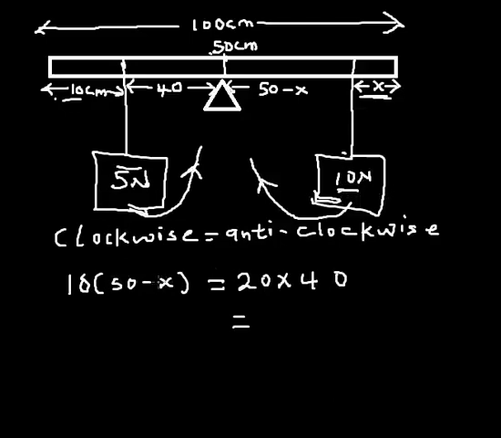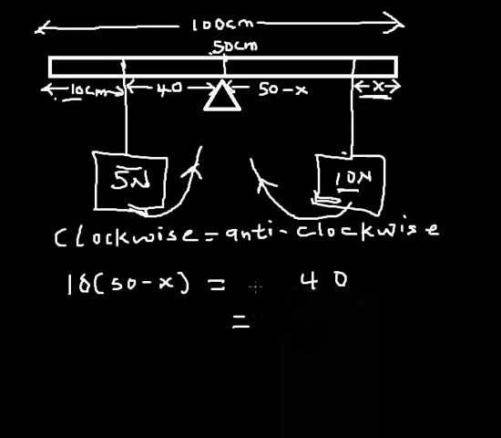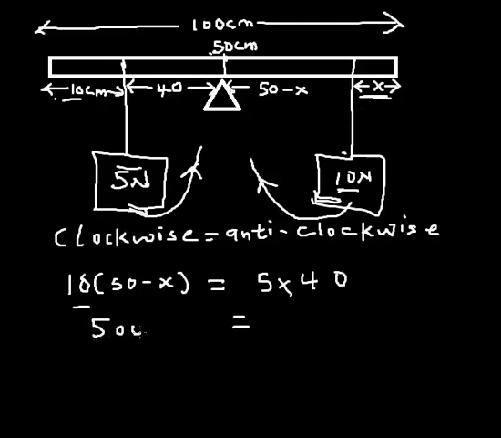So 10 times 50 minus x is still 500 minus 10x. And it's just 5 times 40, which should be 200.